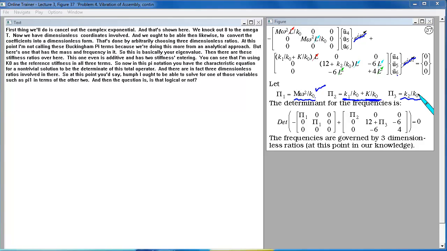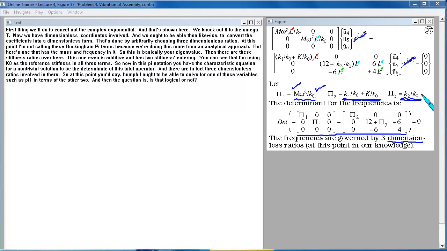So now in this pi notation, you have the characteristic equation for a non-trivial solution to be the determinant of this total operator. And there are, in fact, three dimensionless ratios involved in there. So at this point you would say, I ought to be able to solve for one of those variables, such as pi 1, in terms of the other two.